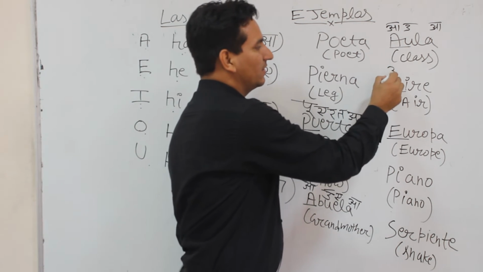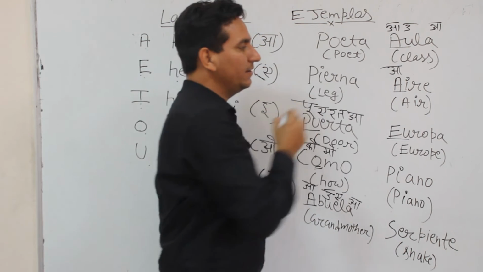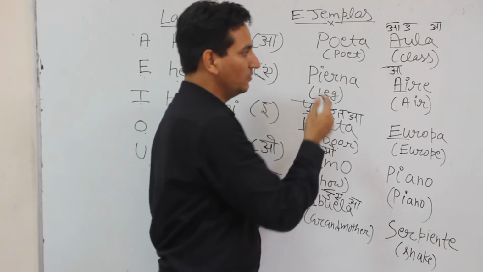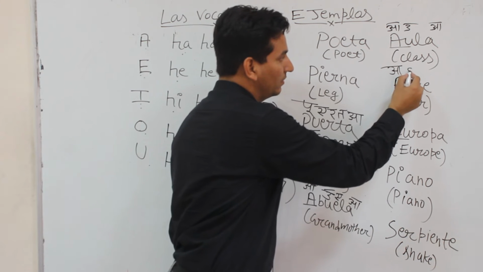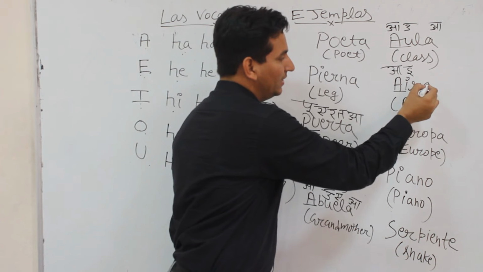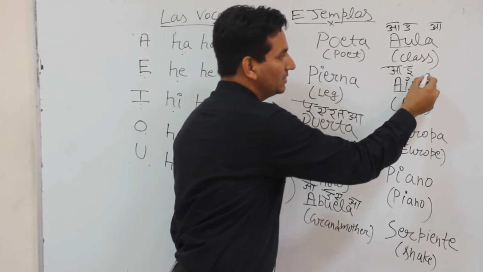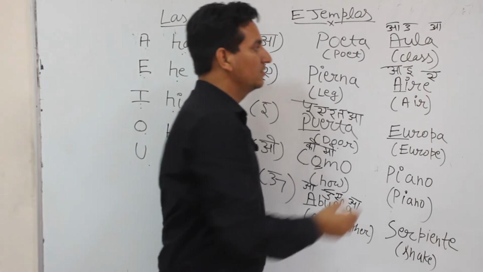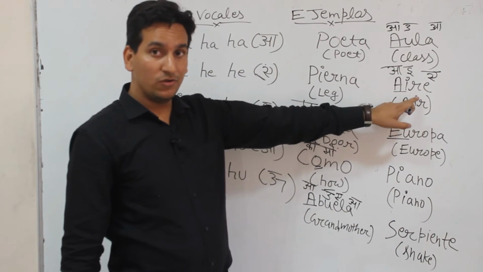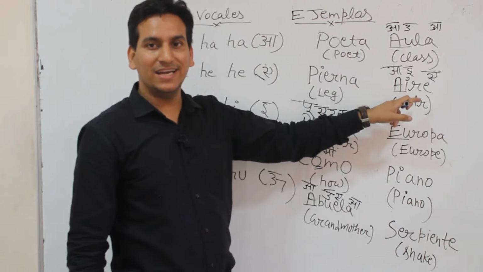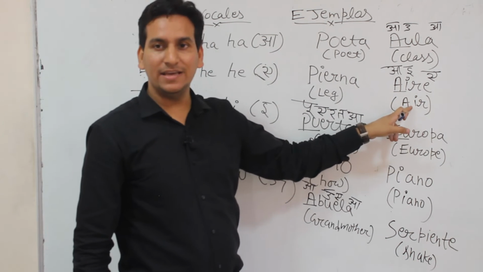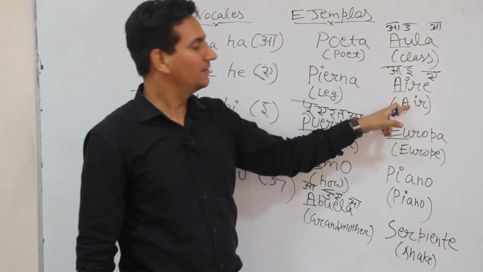A is A, I, we just learned, becomes E, and E at the end becomes A. So we have R also in between, so it becomes aire. Aire means air.